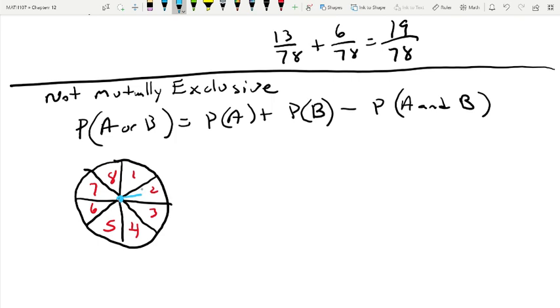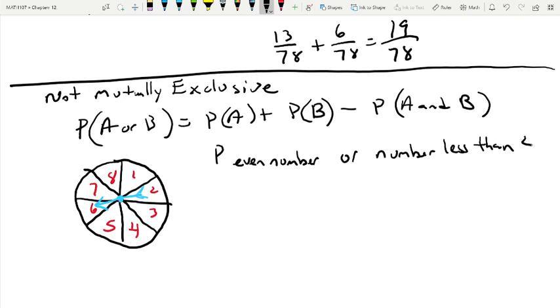So I have a spinner, and I want to know what is the probability of getting an even number or a number less than 4. Okay.